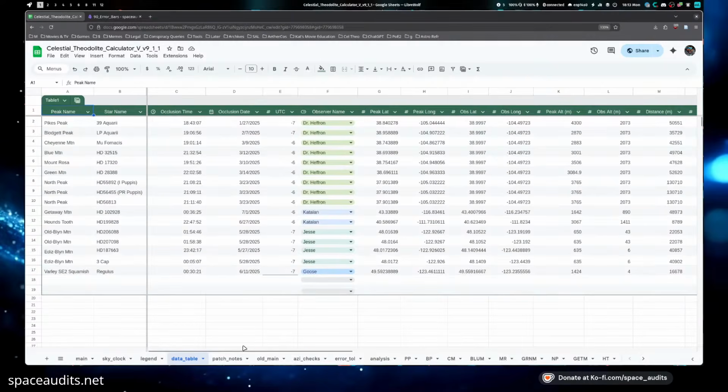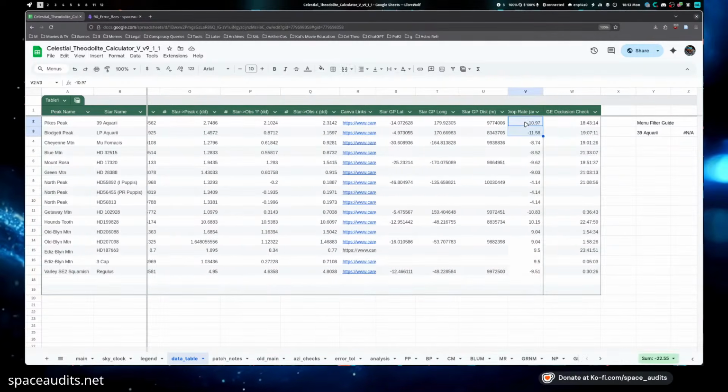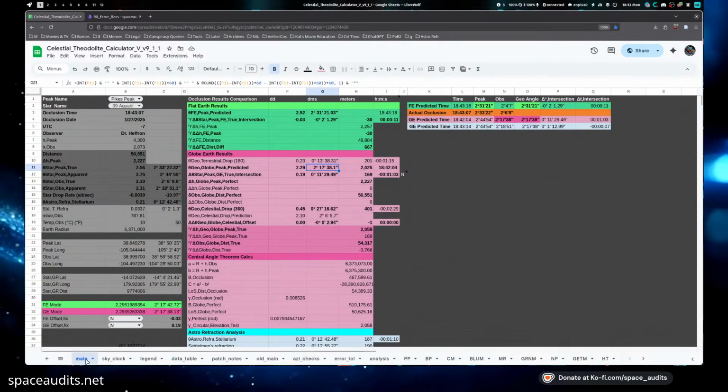Let's see, in the data table, it's this number here, this drop rate. So instead of 15 degrees per hour, it's like 11.97, 11.58. Ooh, that's a close one. But yeah, these are the vertical descent rates, and you can confirm these in Stellarium and all that. So it's not like we just made them up or something. It all plots out exactly.